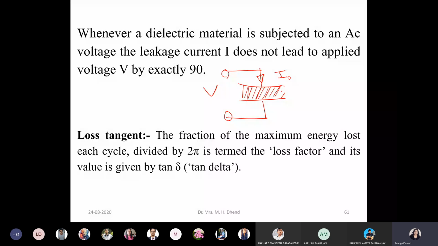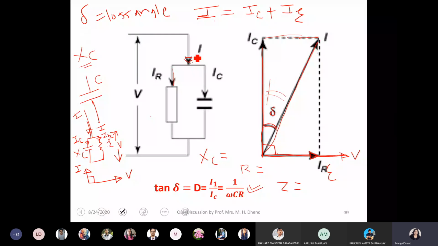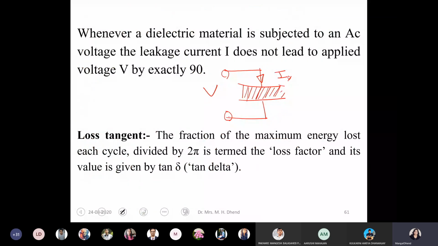Now what is written here? Whenever a dielectric material is subjected to an AC voltage, the leakage current I does not lead the applied voltage V by exactly 90 degrees. Here we have represented the leakage current as I. Why is that leakage current there?